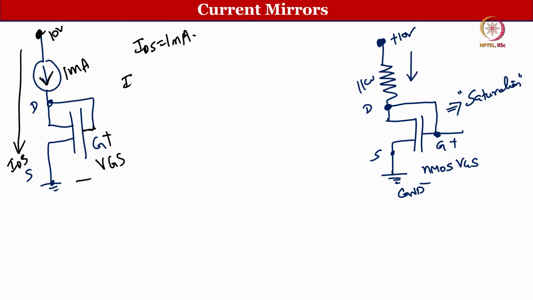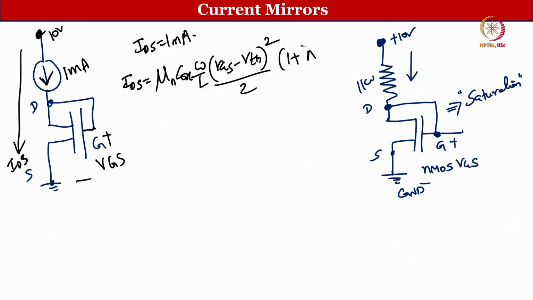Now, how are IDS and VGS connected? IDS is mu n C ox W by L, VGS minus VTH whole square by 2, into 1 plus lambda VDS. Now, for simplifying our discussion, let us make this lambda to be 0, there are no saturation effects.